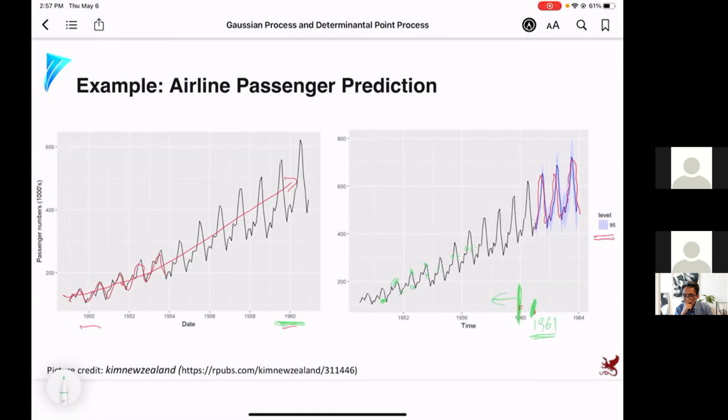In this case, the Y value of this 1961 will depend on the X and the Y values of these blue points, these green points, right? Yeah. And so the loss function is determined, because Y1 up to YP is another Gaussian distribution, right? We just compute the likelihood under that joint Gaussian distribution.